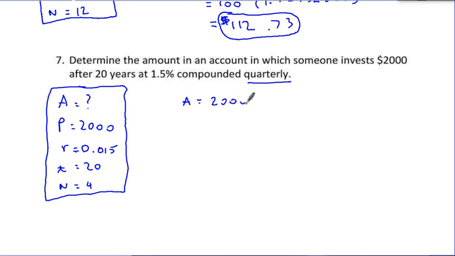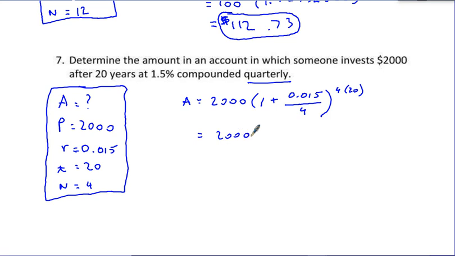A equals 2,000 times 1 plus 0.015 divided by 4 to the 4 times 20 power.